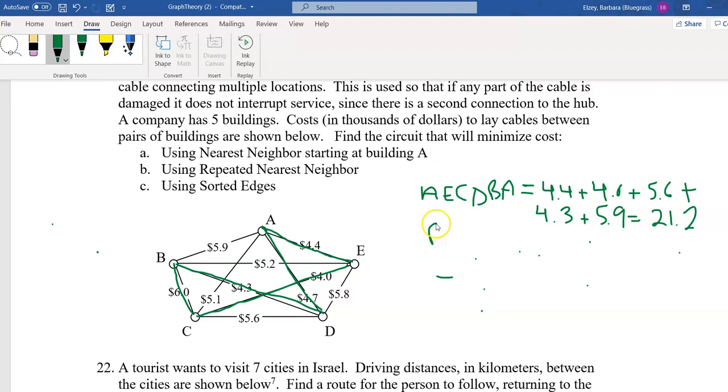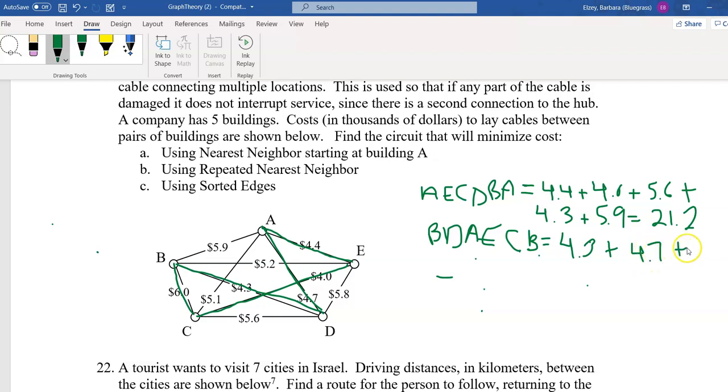So what we've got is B went to D, then went to A, went to E, went to C, and back to B. And let's see, B to D was 4.3. And then D to A was 4.7.